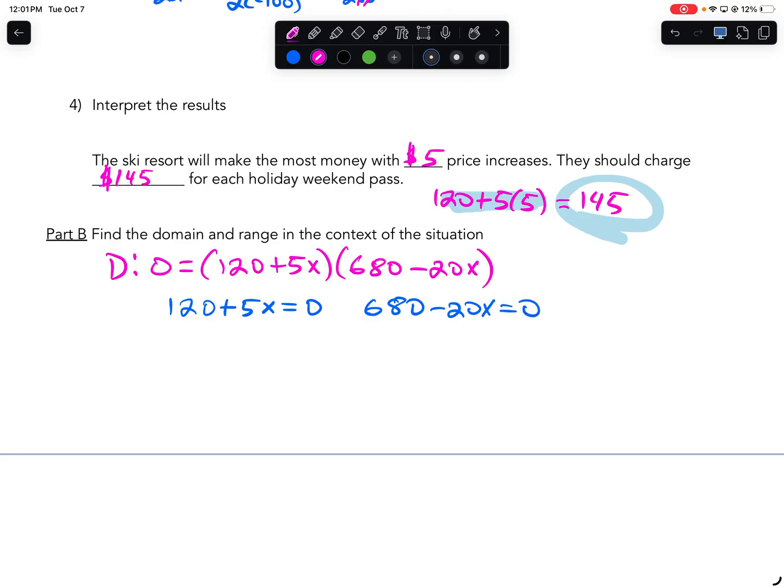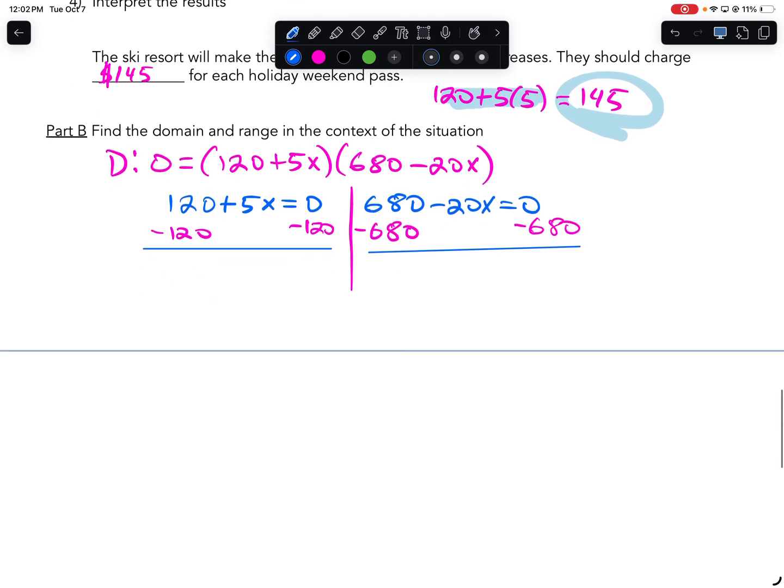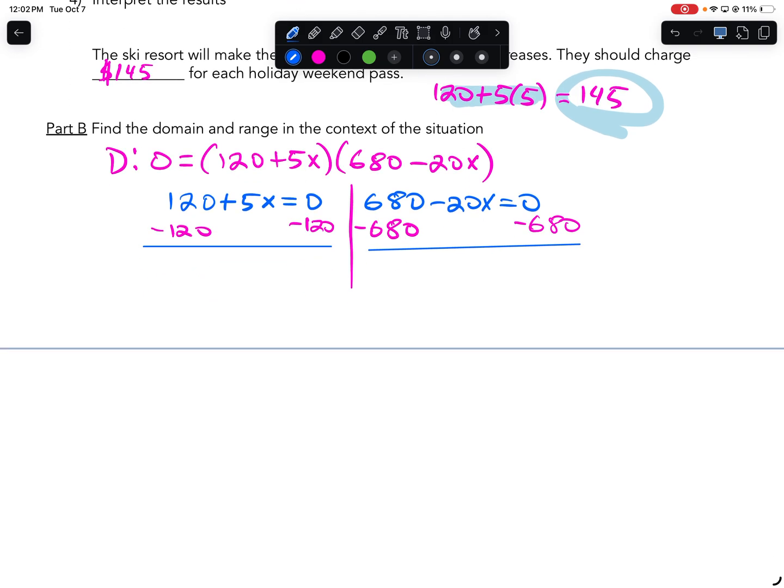So when I solve that, I'd subtract 120 from both sides on the first problem. Second problem, I'd subtract 680 from both sides. Okay, so when I do that, I get 5x equals negative 120. Then I would divide that by 5.